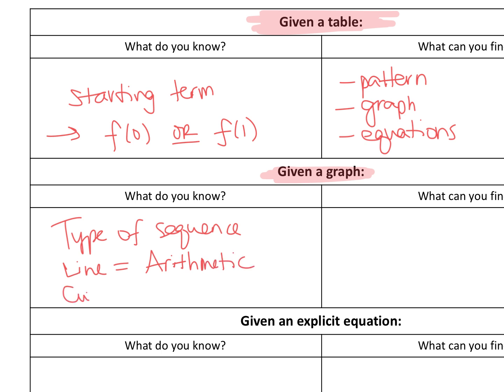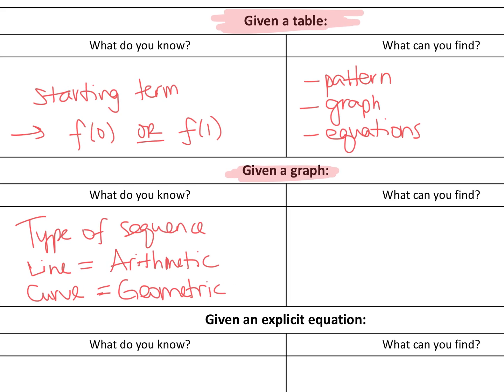If it's a curve, that is geometric. What can you find from a graph? It's pretty easy to fill in a table. It's probably pretty easy to find the equations as well. Once you have your table, you can see the equations and your patterns. I'll write pattern as well.